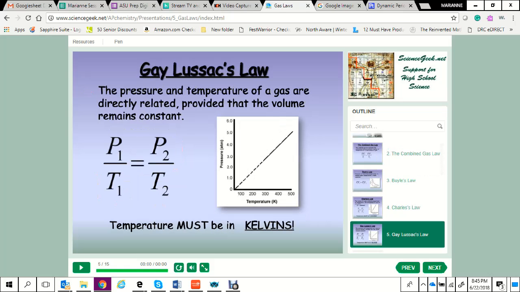The next one is Gay-Lussac's law, and the pressure and temperature of the gases are directly related, provided that the volume remains constant. So this one, the volume remains constant, so it is excluded from the equation. And as temperature goes up, pressure will go up.